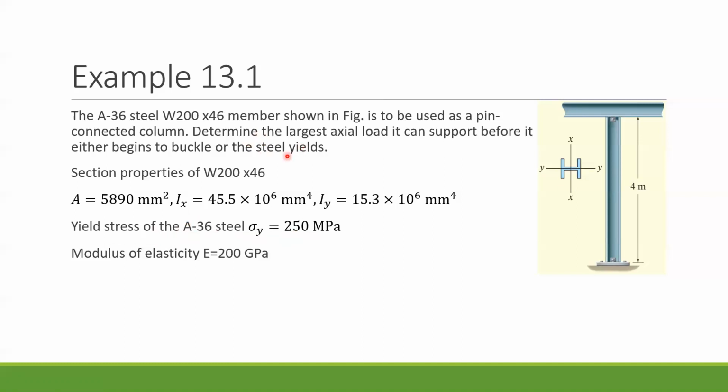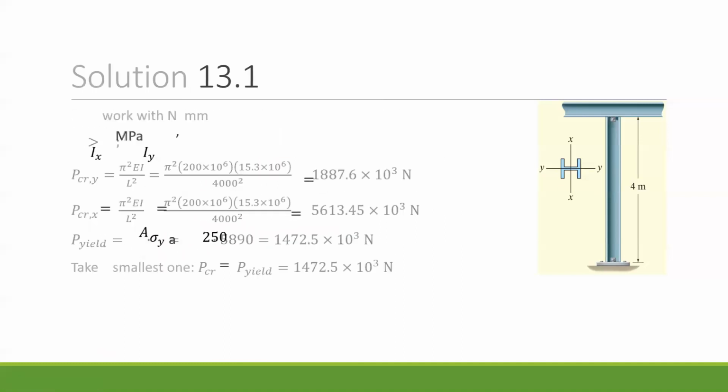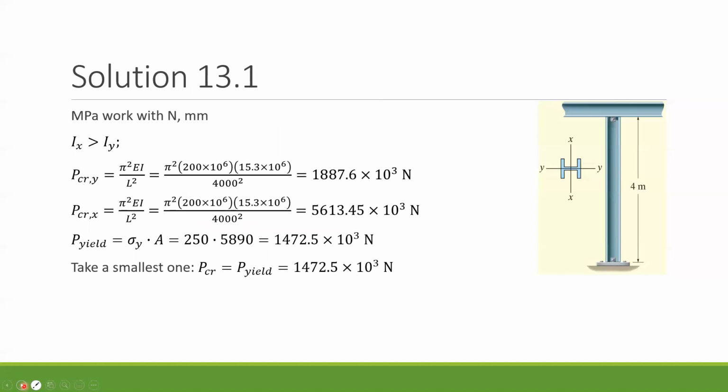Why are we using this? We compare with the yield force, so we need a sigma Y value. Also, the modulus of elasticity is needed for calculating Euler buckling loads, the P critical load. So I computed both P critical Y and X values.